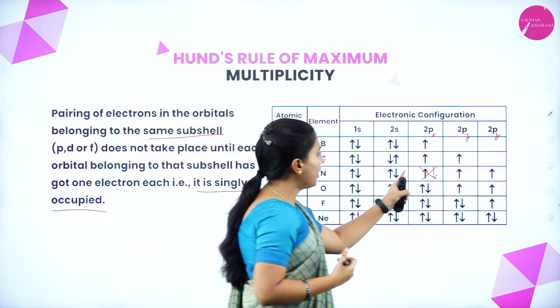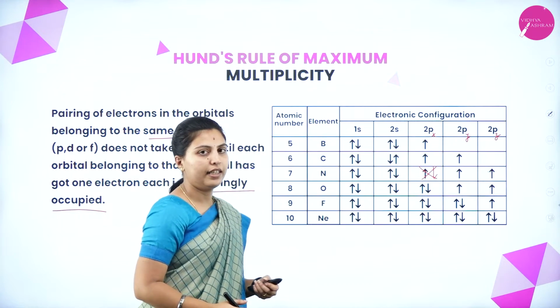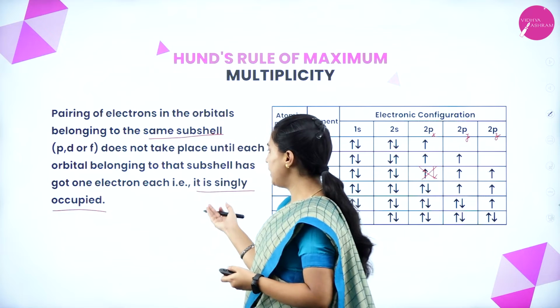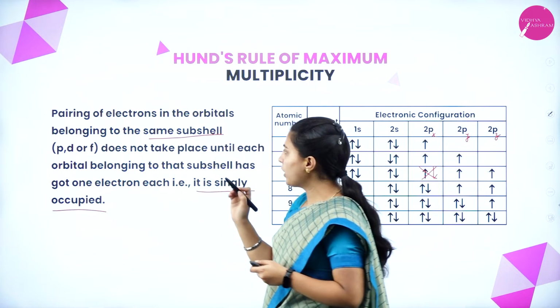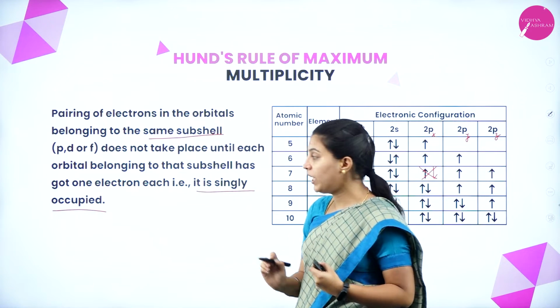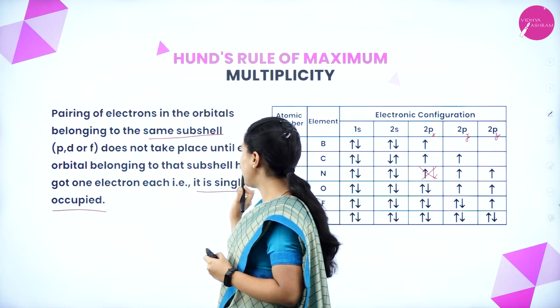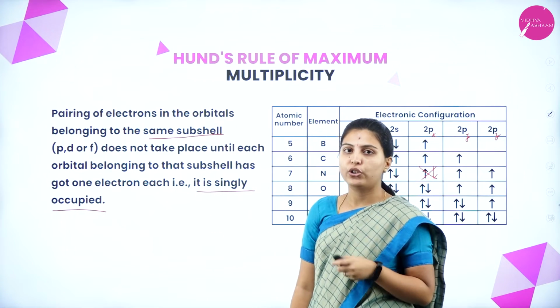Till it occupies all single levels, it will not occupy the previous level. That is what it means: the pairing of electrons in the orbitals belonging to the same subshell does not take place until each orbital belonging to that subshell has got one electron each, that is, singly occupied.